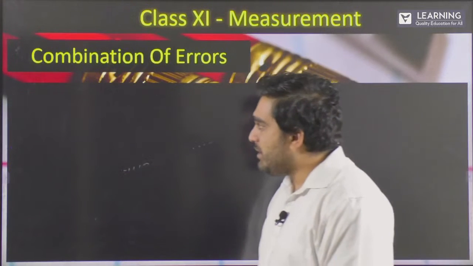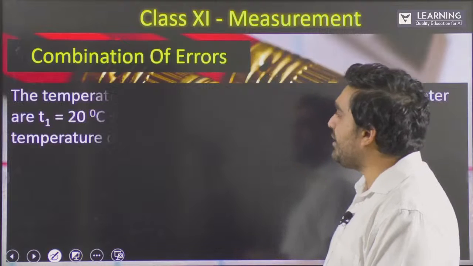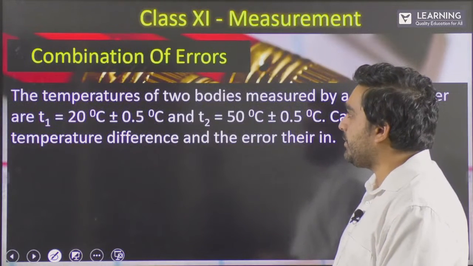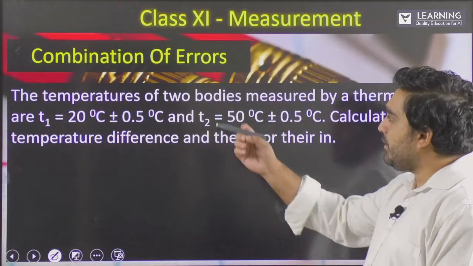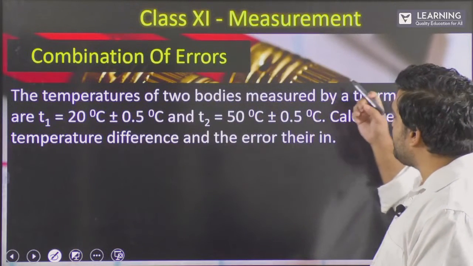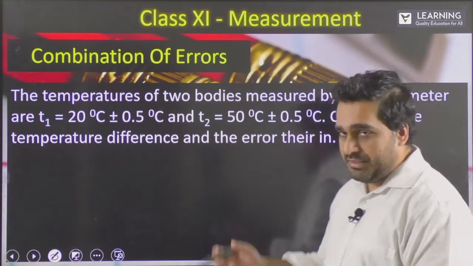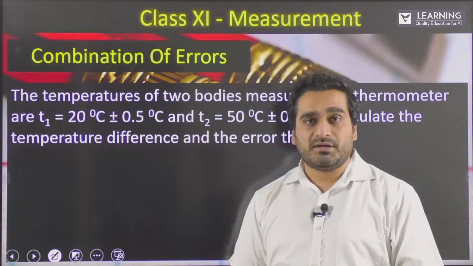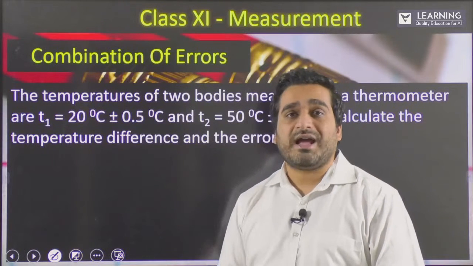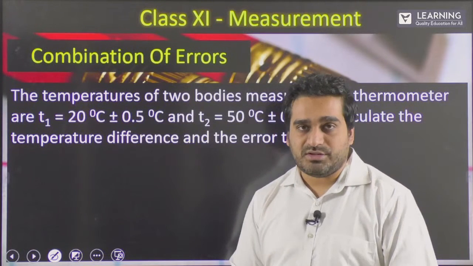Let's take a look at it by an example, to get a better understanding. The example here that I've used is temperature. The temperature of two bodies is measured by a thermometer. Now you're using an instrument that is a thermometer, and a thermometer also has a certain resolution.